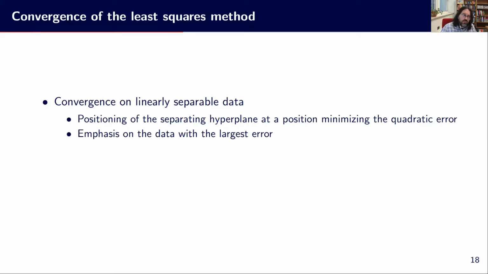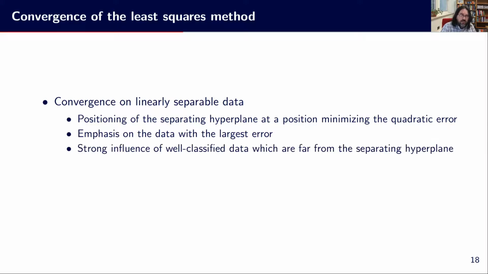And that is important to be understood, because that means that there is a strong influence from well-classified data that are far away from the hyperplane. So even though we have a data that is properly classified, says that we are on the positive side, RT is +1 for a given sample, we've got an h of xt corresponding to that. That is right in terms of being positive, but that is far away. It says like h of xt is 6, for example.